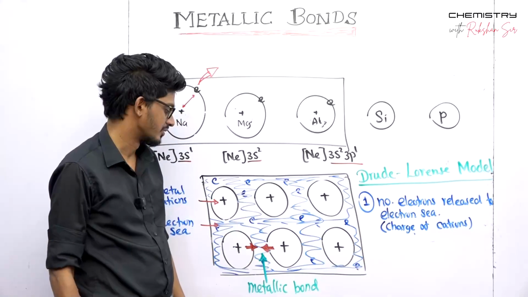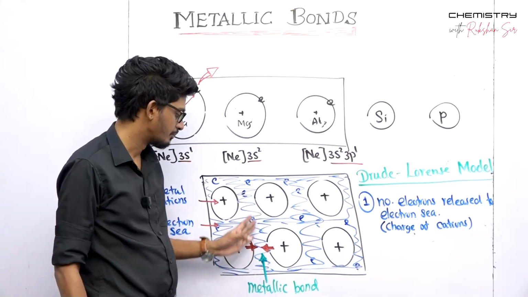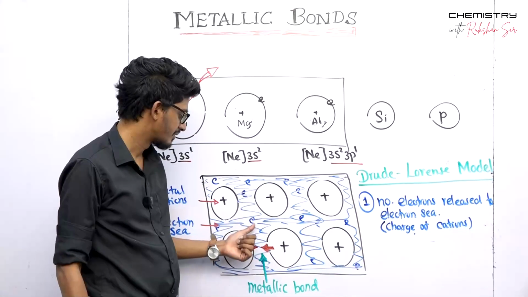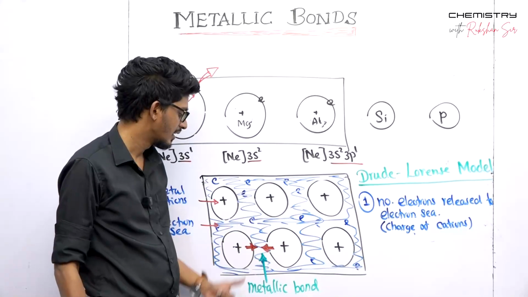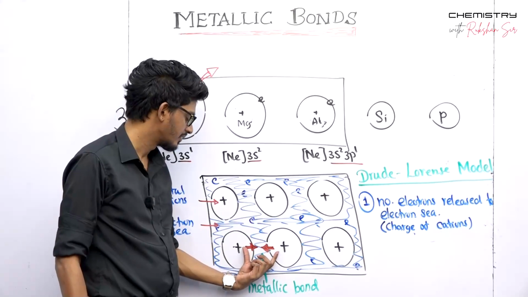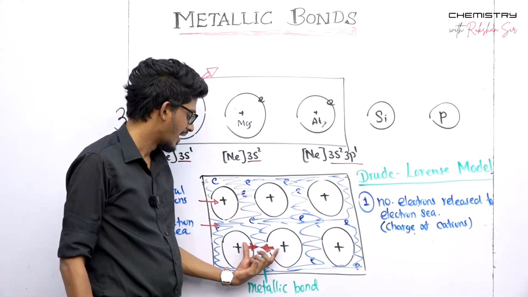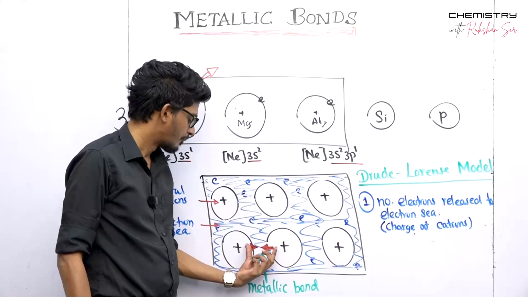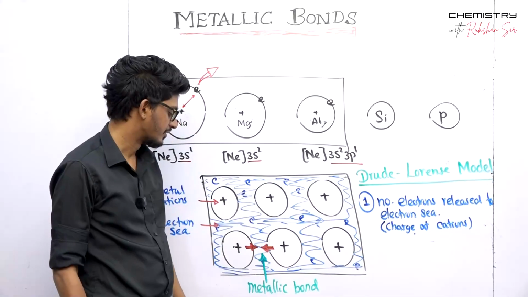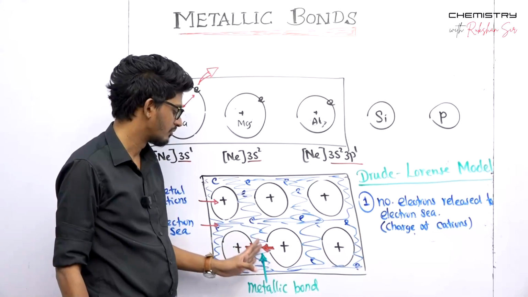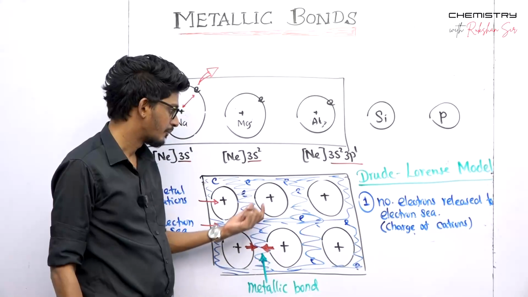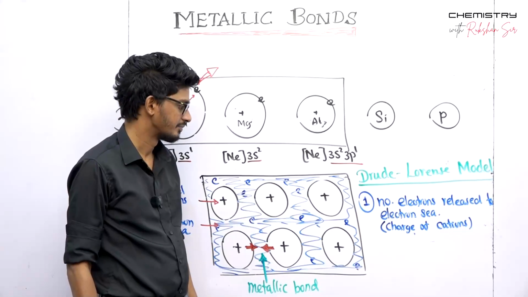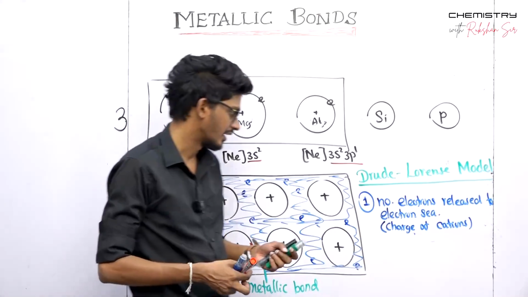Positive metal ions attract heavily to the electron sea, which makes them stick more strongly than in other instances. So the metallic bonding strength will be high when the number of electrons released to the electron sea is high.